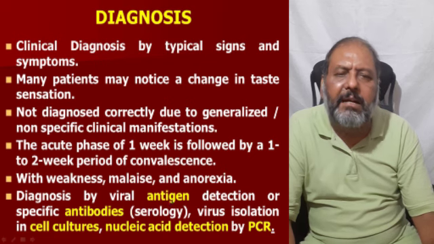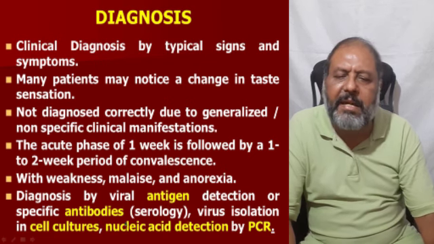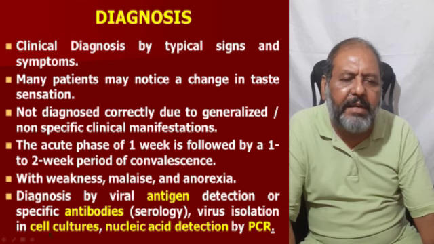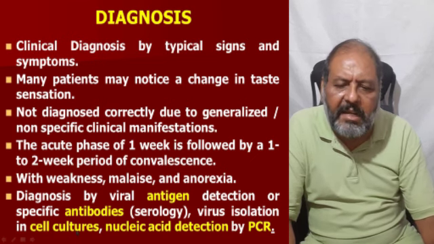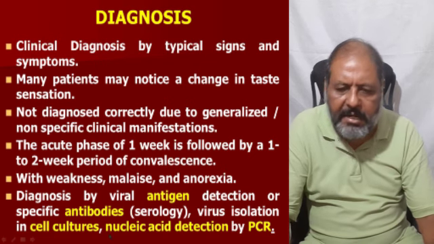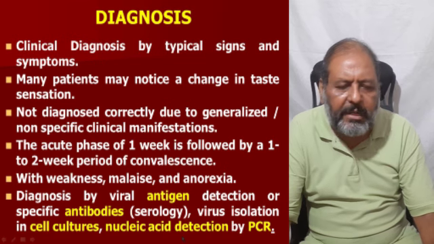Diagnosis is by detection of the viral antigen NS1 or specific antibodies IgM and IgG by serology, or virus isolation in cell culture, or by PCR, where one can detect the nucleic acid of the dengue virus.